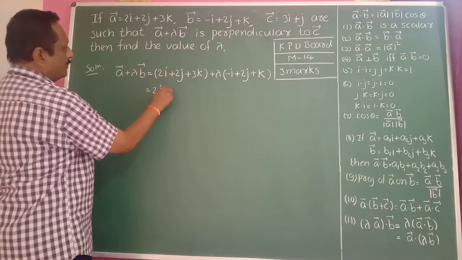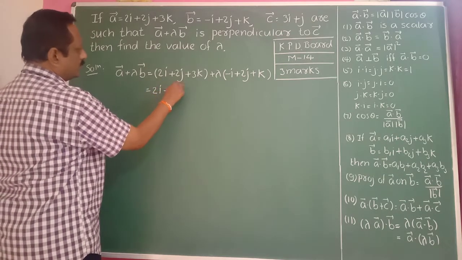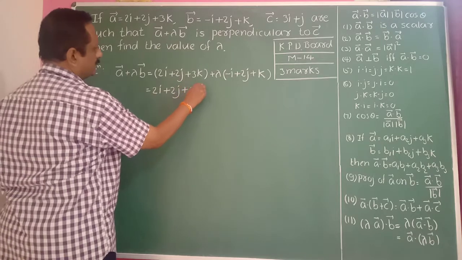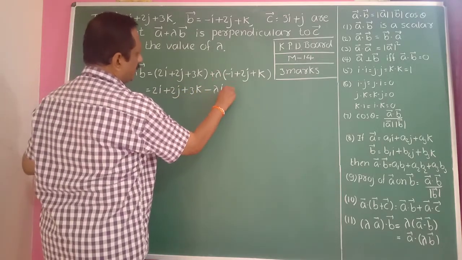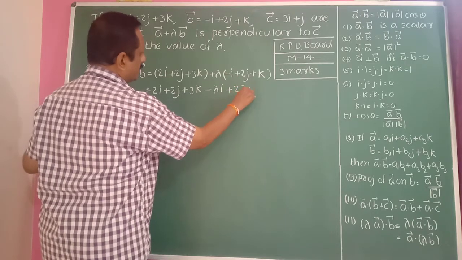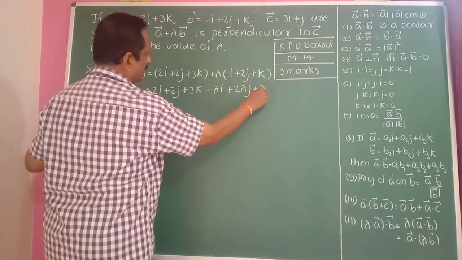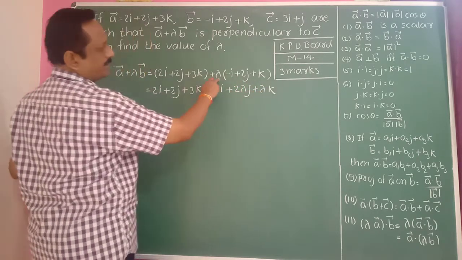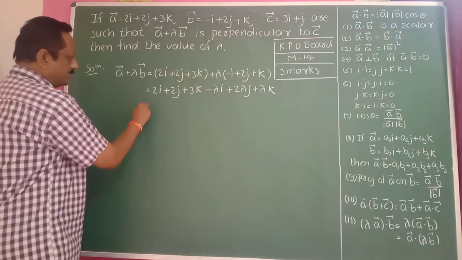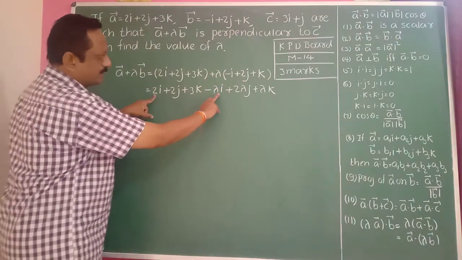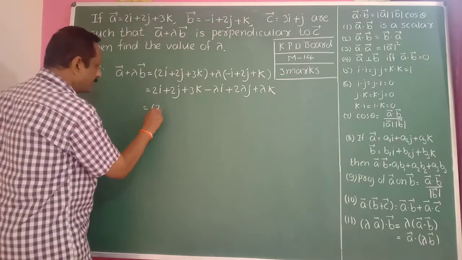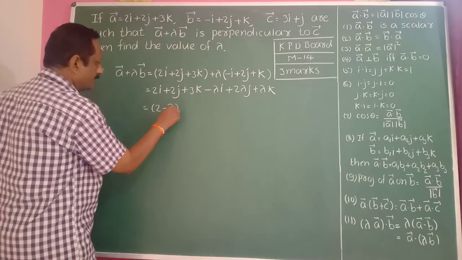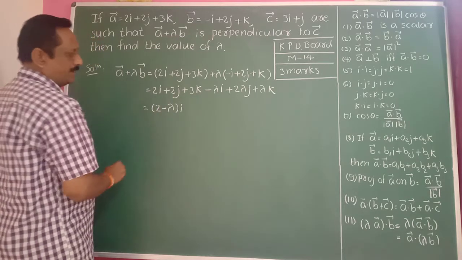Take this lambda inside the bracket here. So 2i plus 2j plus 3k minus lambda i plus 2 lambda j plus lambda k. So this is equal to, from these two terms, i common factor, so write in the bracket 2 minus lambda into i.